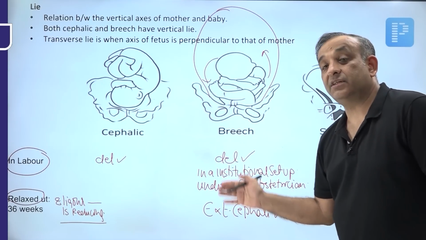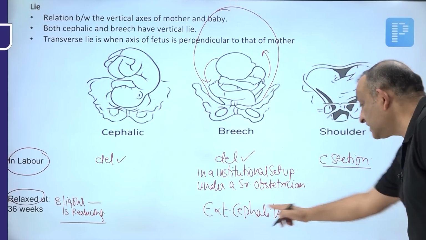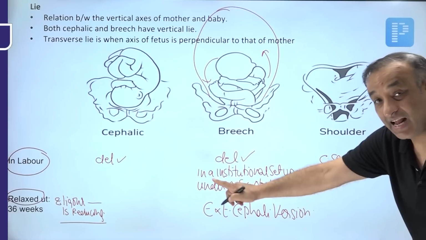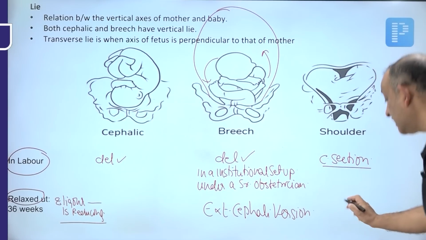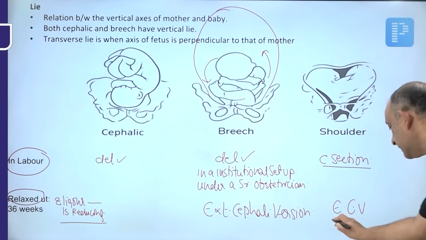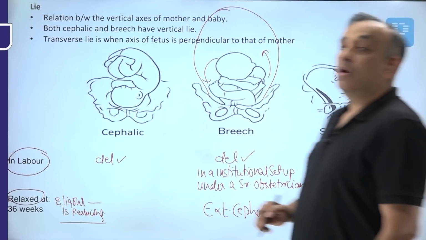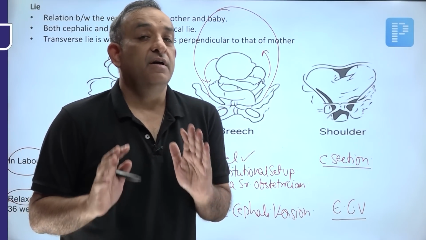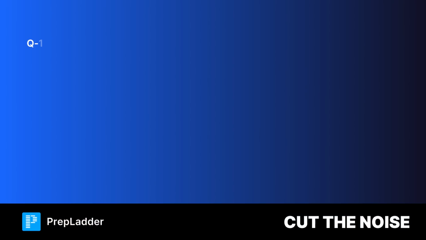That is the indication where you can do an external cephalic version easily. Similarly, if the uterus is relaxed and you see a transverse lie, again you can do an external cephalic version. All right. So this is the simplest method for the MCQs which come in Question 18.